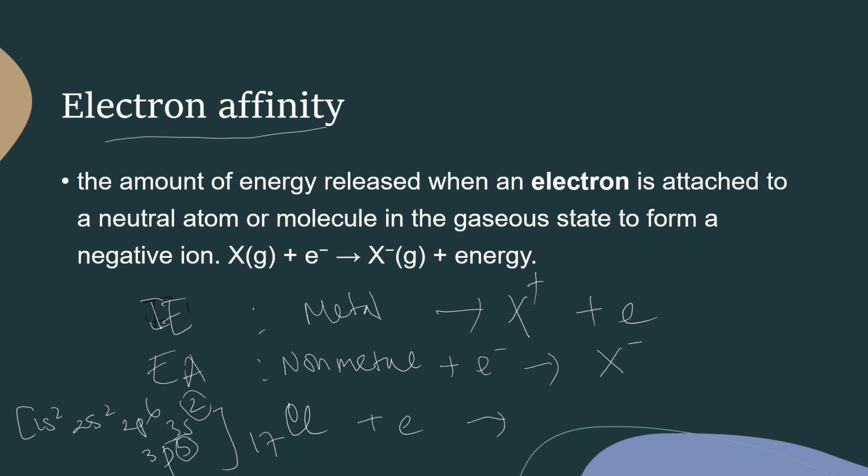After adding 1 electron, the number of electrons is 18, but the number of protons is still 17. So the Cl atom now becomes a Cl- ion. The energy that is released here, we call the electron affinity.